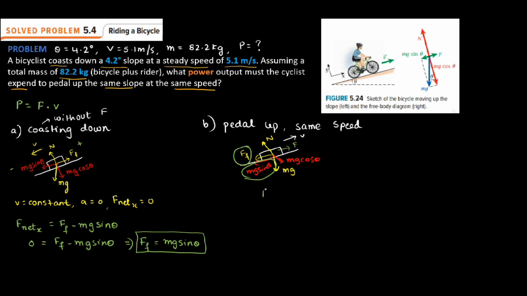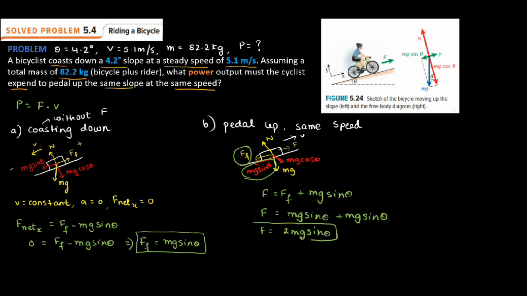So my F applied must be equal to the force of friction plus mg sine theta. In the first part, when we discussed coasting down, we found the force of friction to be equal to mg sine theta. So I will write for the force of friction mg sine theta, plus mg sine theta. That gives me the force applied to be 2 times mg sine theta.